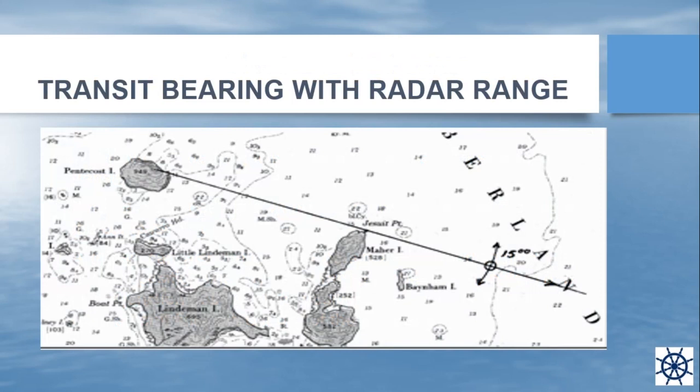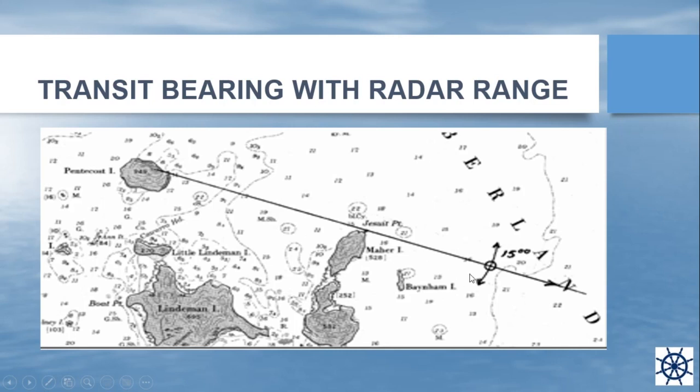So here is the example of transit bearing with radar range. So this is your location using two lines of position, which is used by two reference points aligned to this island.